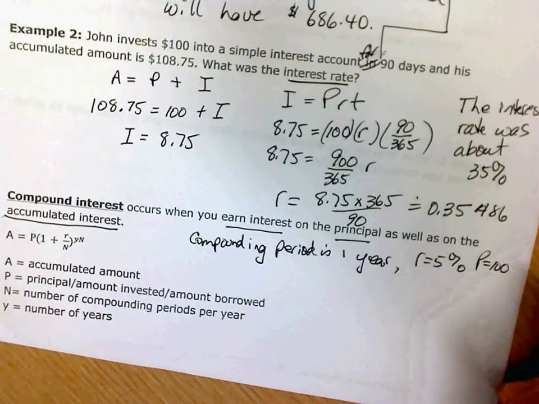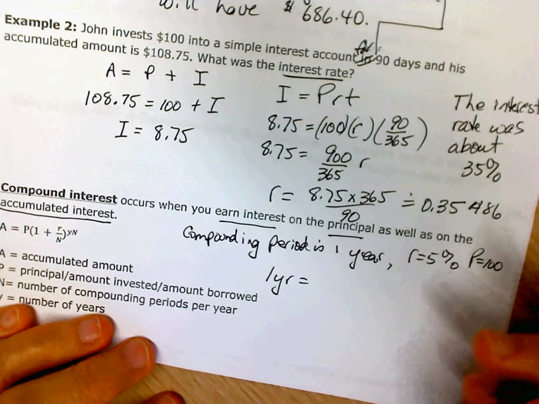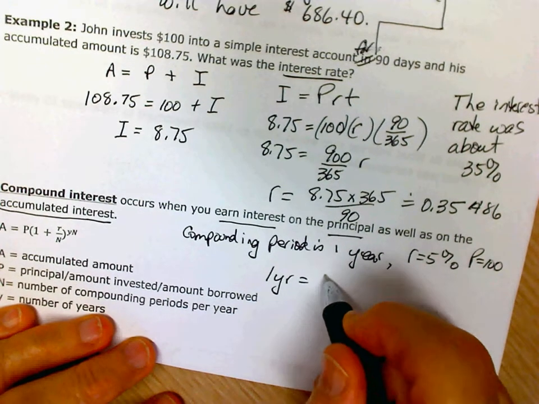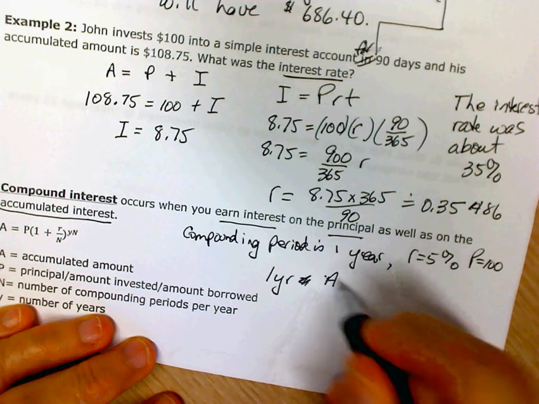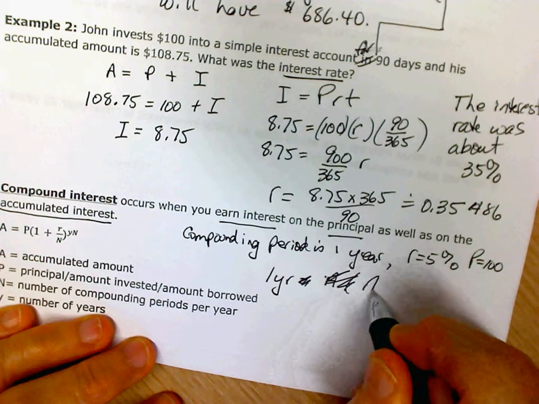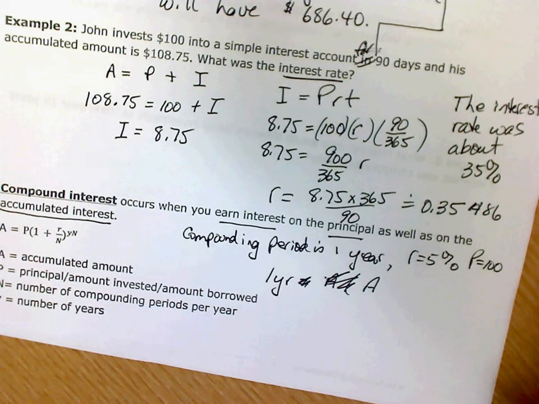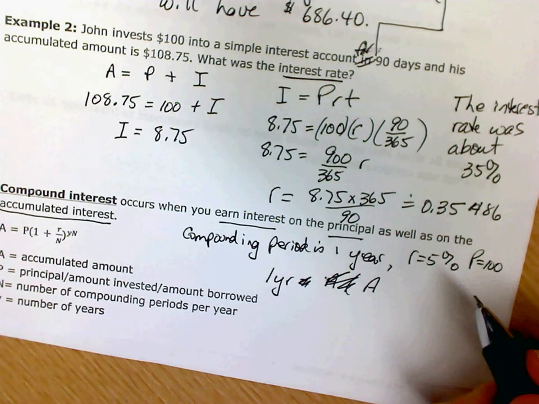So after 1 year, you would make PRT, right? After 1 year, your amount would be... Oh, 90 days.